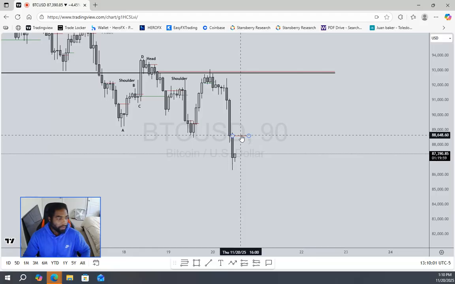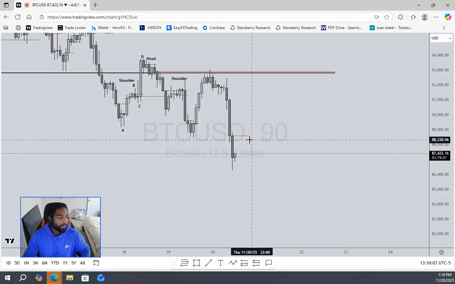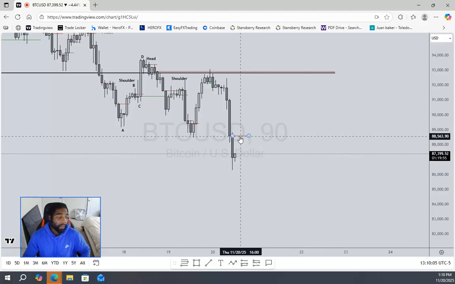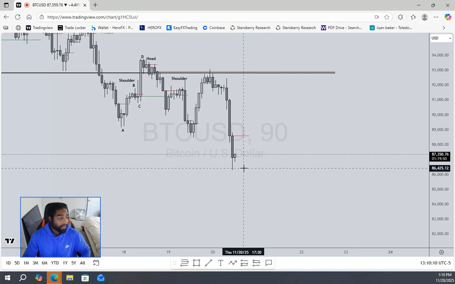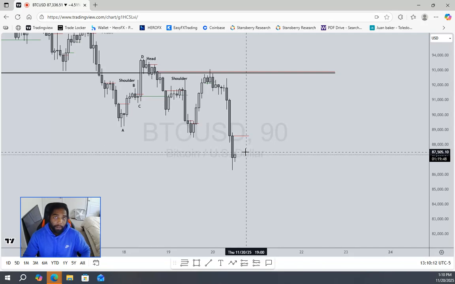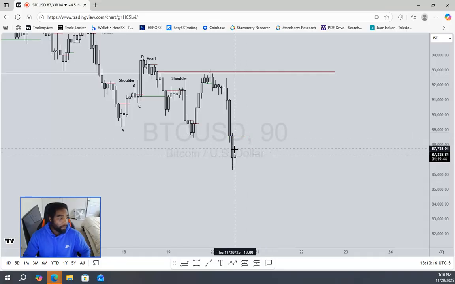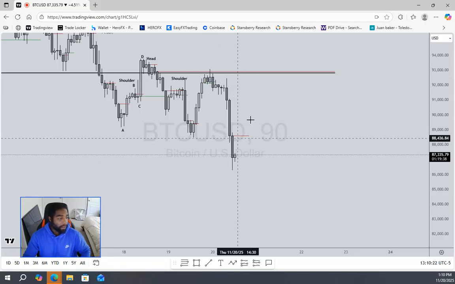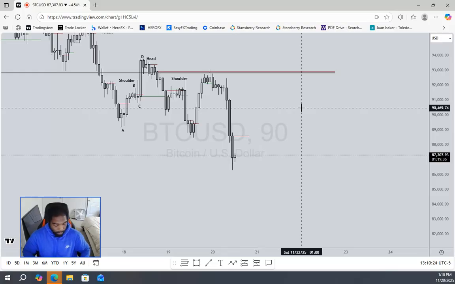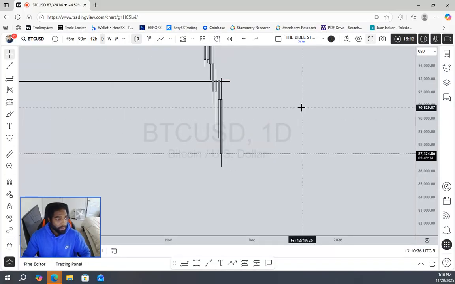This is an entry point that you can capitalize on when and if price comes to it, based on the price action. This is just what it is and what it does. So we're encountering this bearish expansion here on the 90 minute, and that's that.